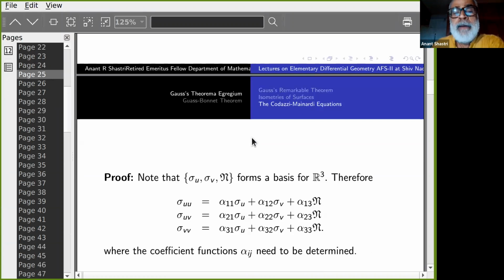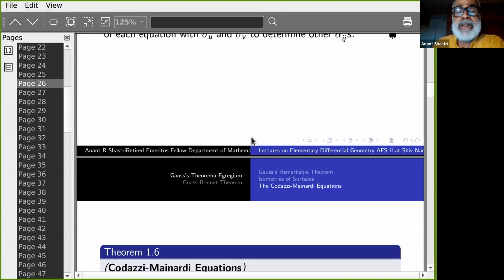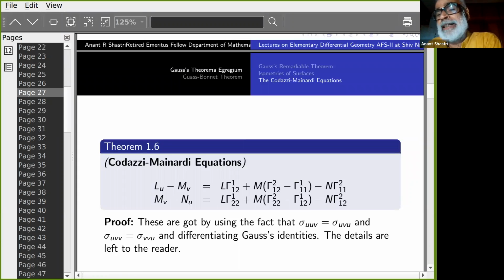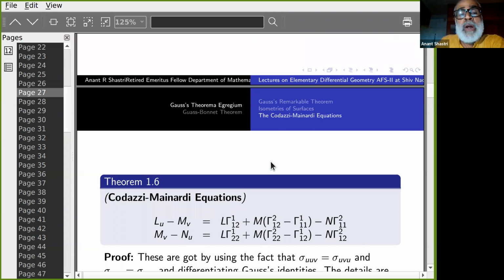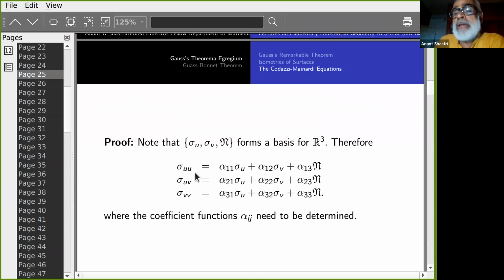Exactly similarly, what are the Codazzi-Mainardi equations? By differentiating the Gauss equation with respect to u and v and taking the difference of Lu, Mv, a lot of terms cancel out fantastically. I will tell you why they cancel out also. After that, you have very neat equations like this. Already you have sigma uu, sigma uv, sigma vv.